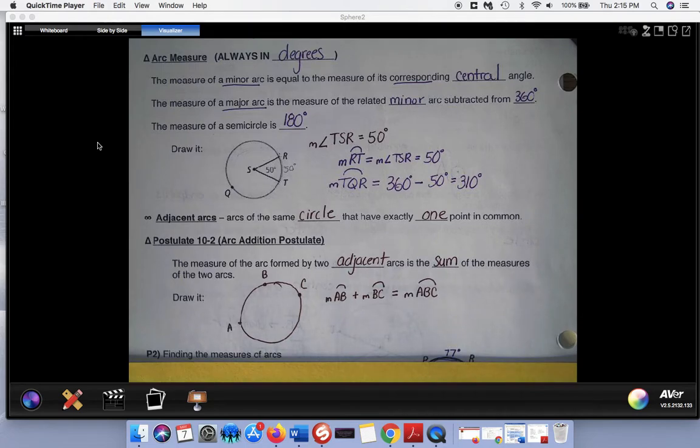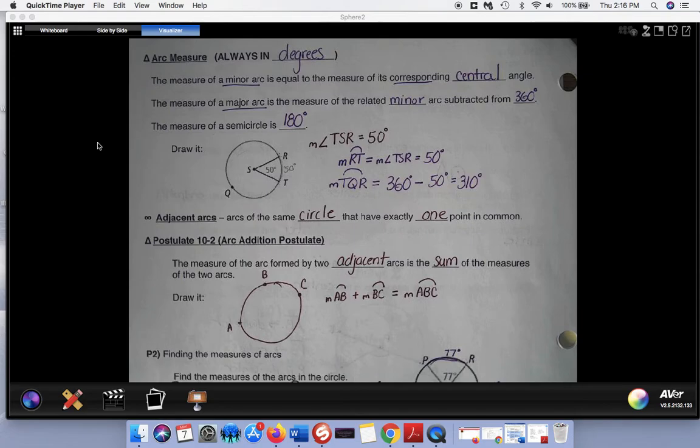This is the arc addition postulate. It allows us to add together two neighboring arcs to get the measure of a bigger arc that they form. So we can always add those together. It might just be a pair of arcs, or maybe there's even a third arc in there. All right, so the arc addition postulate.